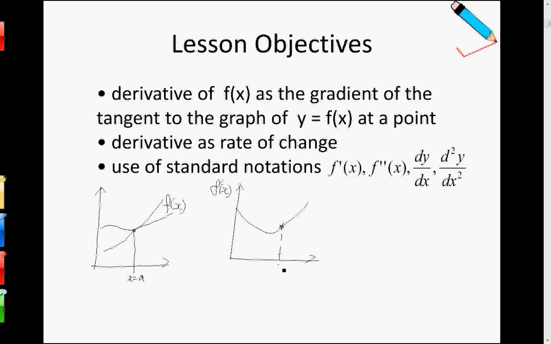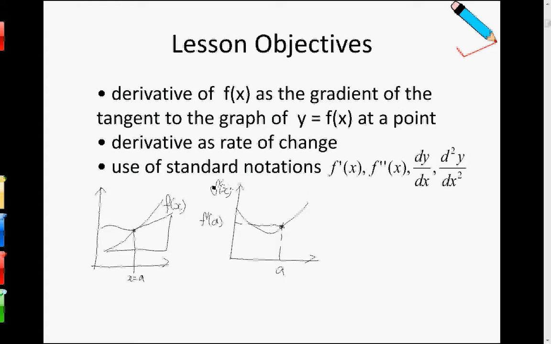So this value here, f prime of a, would actually be this gradient that we have here. Don't worry if you do not understand, I'll further elaborate on this.